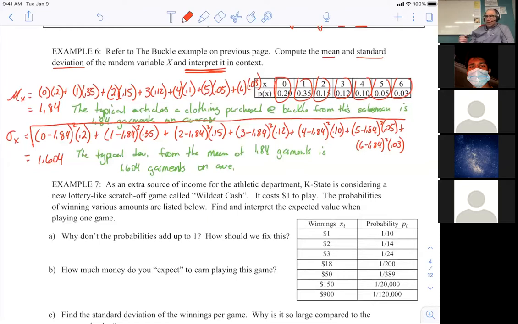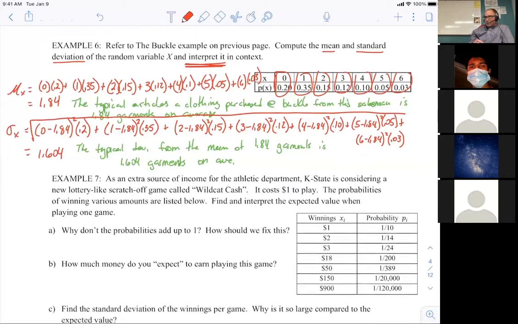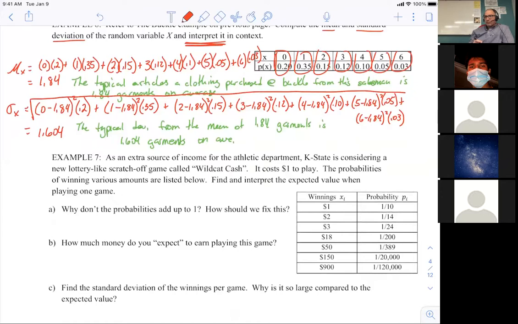So again, we're writing out that interpret statement, as well as saying the typical deviation from the mean of 1.84 garments is 1.604 garments on average. So remember those statements describing mean and standard deviation; I'm not for sure they were there when we took notes, because I probably failed.